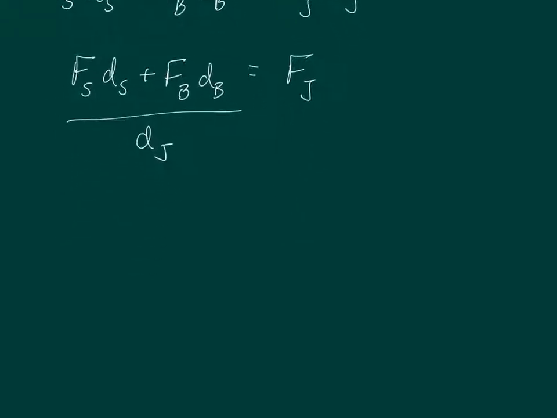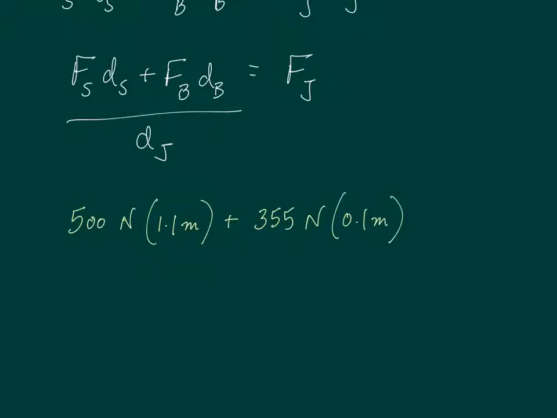And now from here, again, it's just a plug and chug problem. We just plug in all of our known values. So what do we have for our force of Susie? We have 500 newtons times 1.1 meters. And this is going to get added to the force of the beam, which was 355 newtons. And this is going to be times the 0.1 meters that the center of mass is away from the fulcrum.